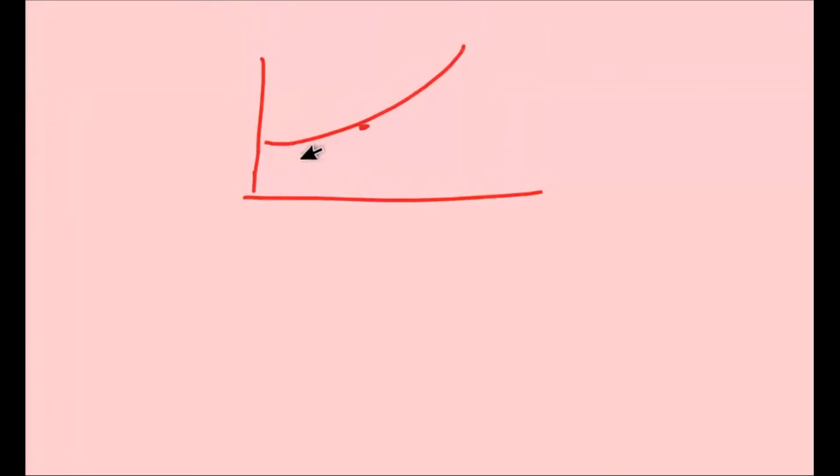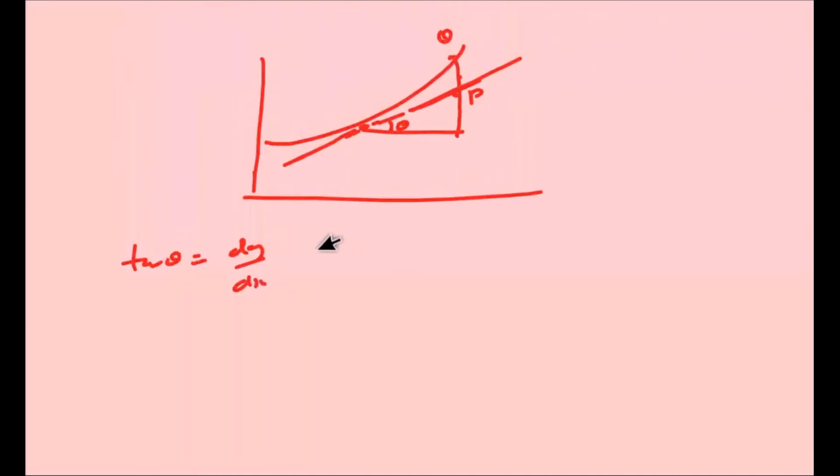Now you can see in this curve that at this point there is a tangent. Let us take two points at this position: one point Q on the curve and P on the tangent. You know this angle is theta, then tan theta is dy by dx, the slope of the tangent.